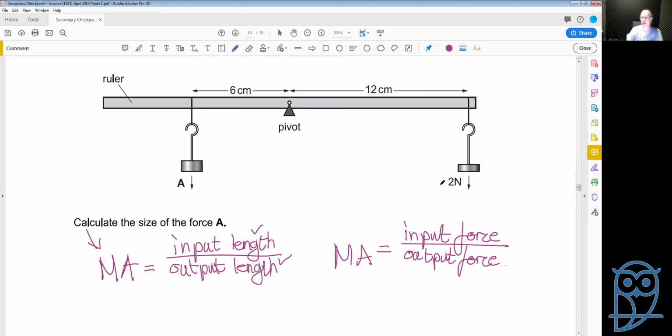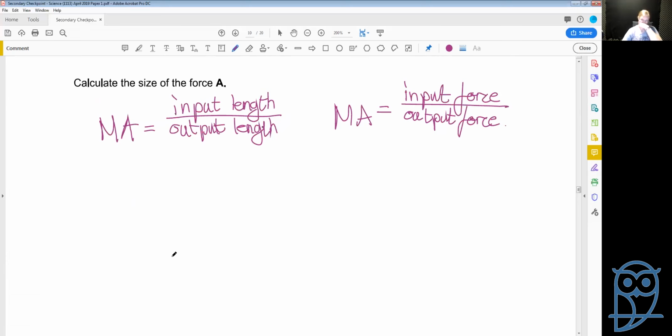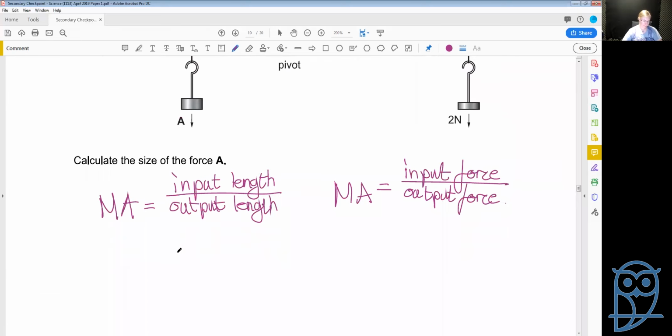And then with our second formula, we have our input force, that is our 2 newtons over there. We don't have our output force, but we can calculate our mechanical advantage from this. So let's go do that. Our input length is 12 centimeters, and our output length is 6 centimeters.